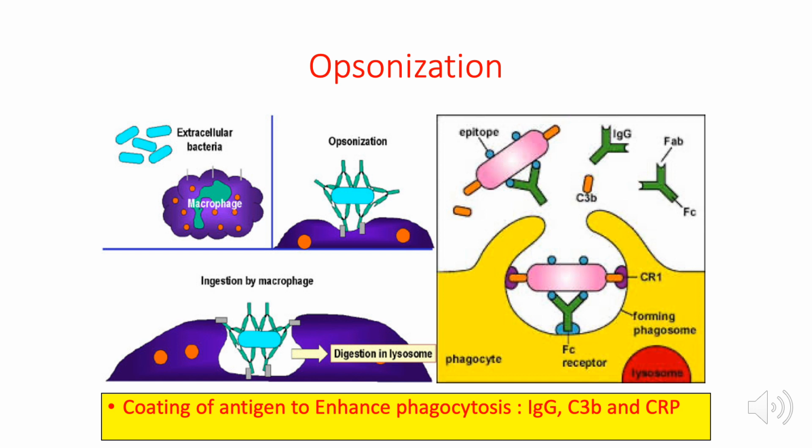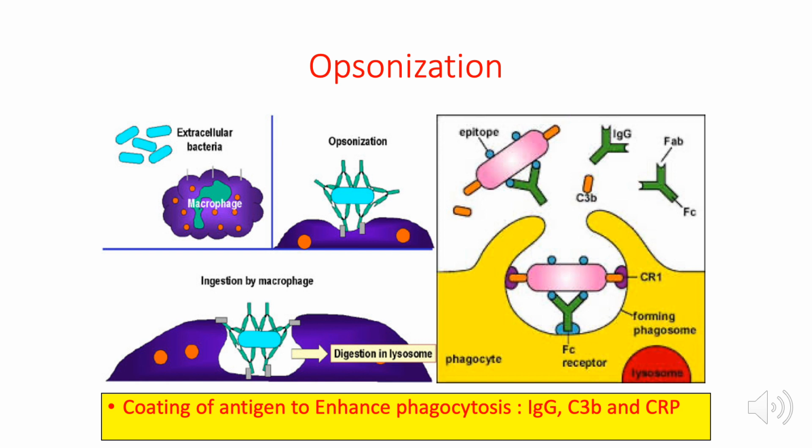You have the antibody IgG, you have C3b, and you have CRP. Please don't proceed to the next slide or the remaining parts of this recorded video without memorizing the 3 types of opsonins. Again, IgG, C3b, and CRP.